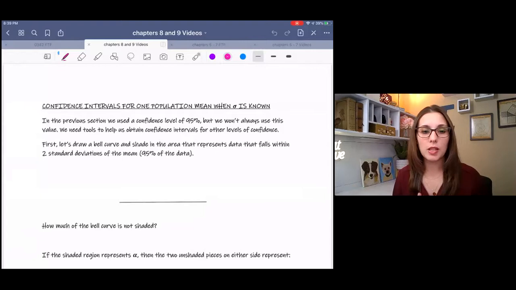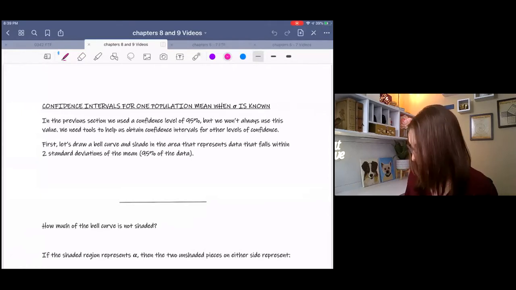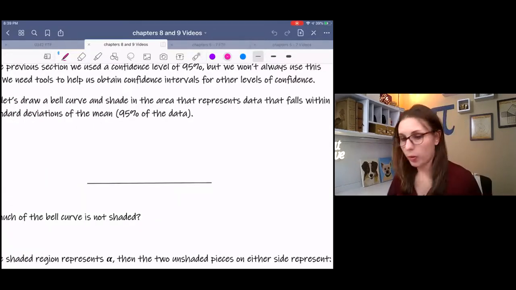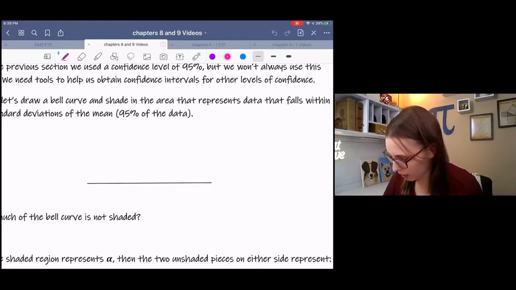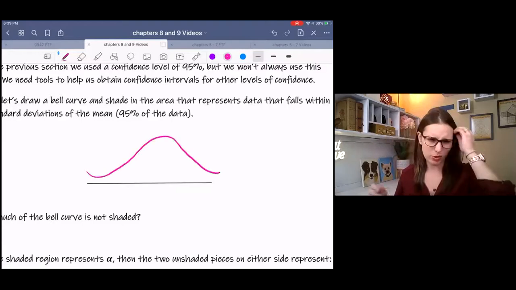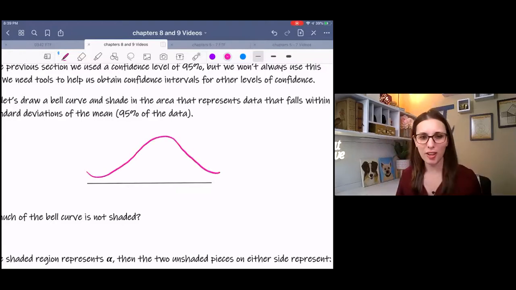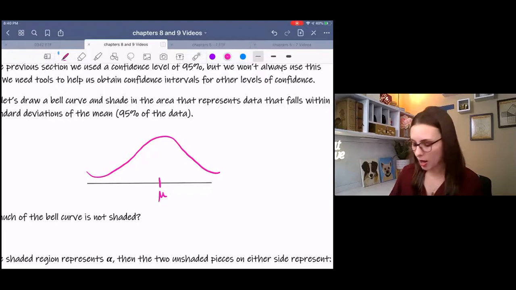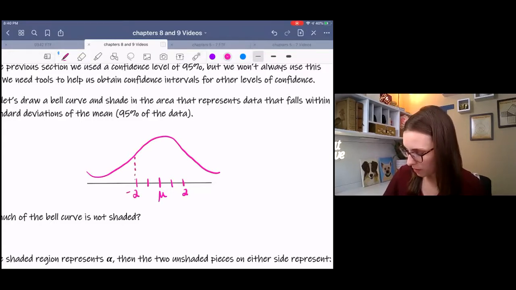First, before we get into that, let's look at a quick picture of the bell curve that represents 95% of the data. This relates back to the empirical rule, where we have normally distributed data that follows roughly a bell curve with the mean in the middle, the center, a measure of center, and 95% of the data falls within 2 standard deviations of the mean.